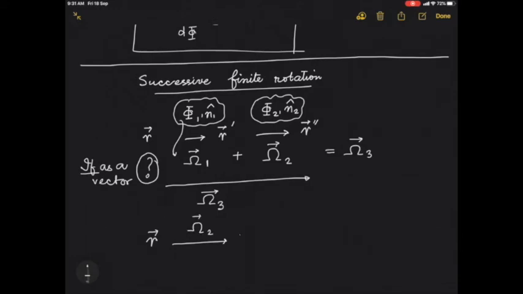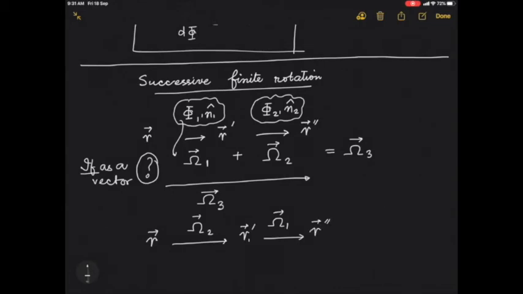Now what I do is I start from r, I use omega 2 first, and I go to some r, say r1 prime. It may not be the same r there because I'm giving it a different rotation.